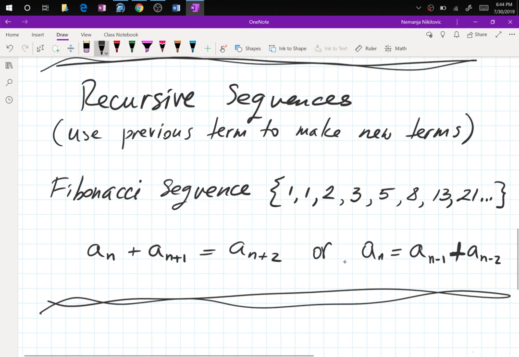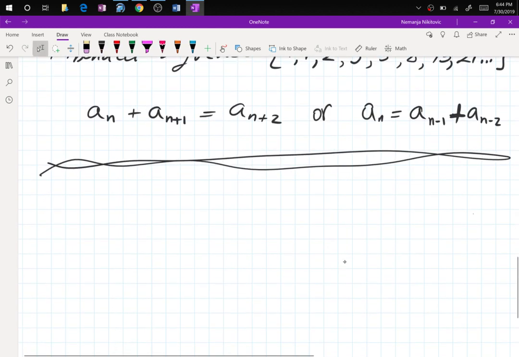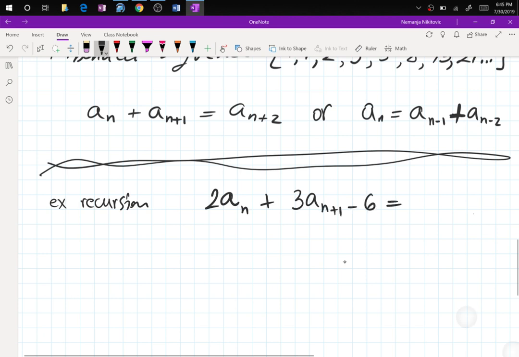Now, for Fibonacci sequence, it's what you see. Now you can literally come up with anything you want, right? So you can say, for another example for the recursion, say you have a formula 2an plus 3a(n+1) minus 6 is equal to a(n+2).